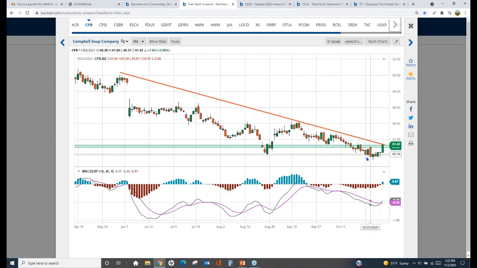During that time when it held, you can see our MACDs were going down, but they didn't go below our 6-month low.